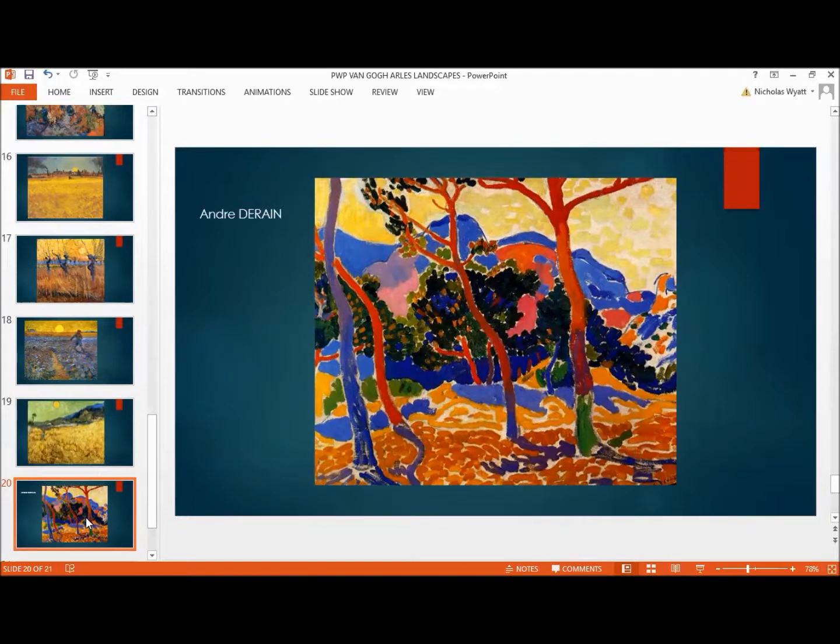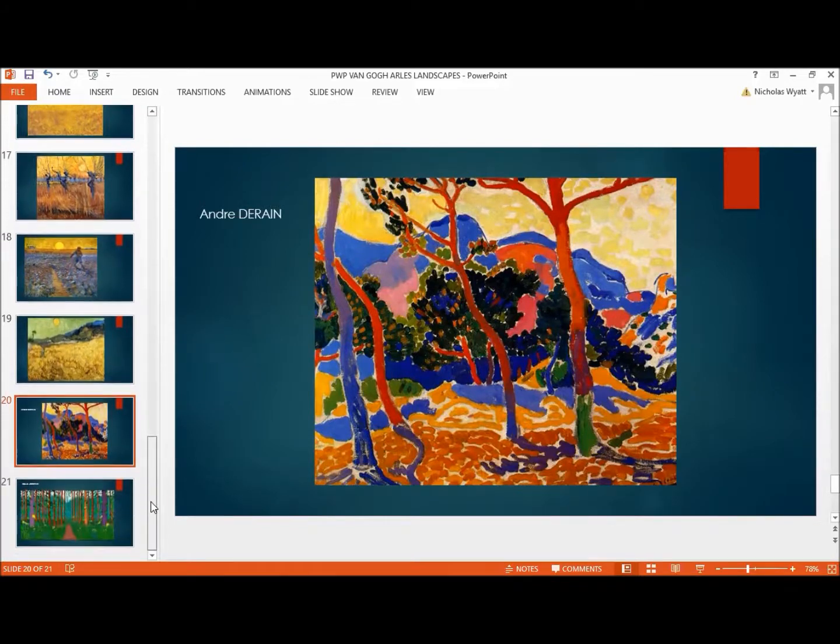And you can see here this painting of André Derain, which quite clearly shows the liberation of colour, which Van Gogh was pioneering in his Arlesian landscapes. This again is another painting from Provence that Derain made when he was down there with Matisse.